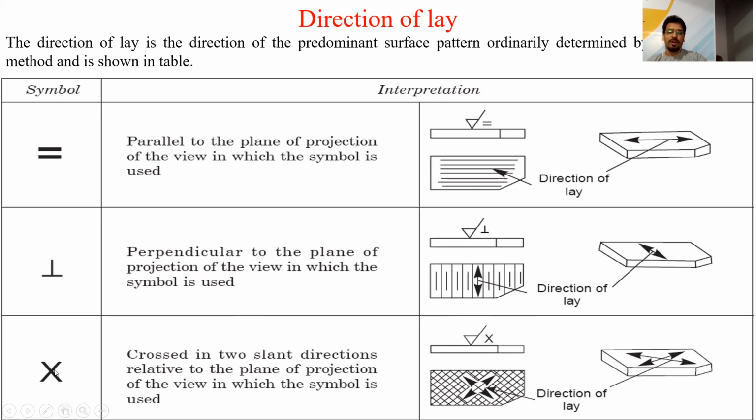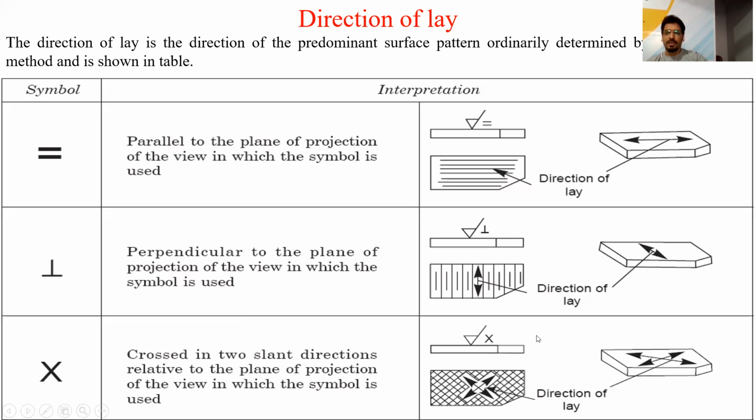Next is cross lay. Cross in two slant directions relative to the plane of projection of the view in which the symbol is used. So if a tool is moved in a cross direction, then that type of lay is called cross lay. For example, the knurling process.